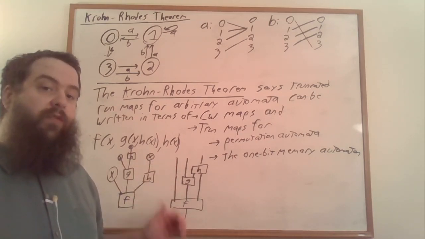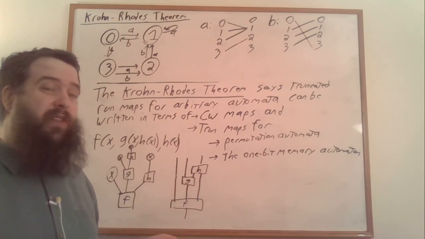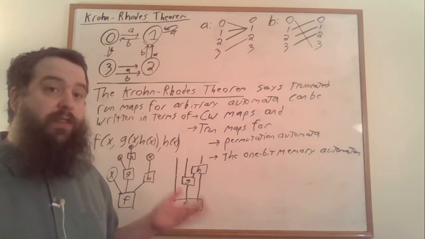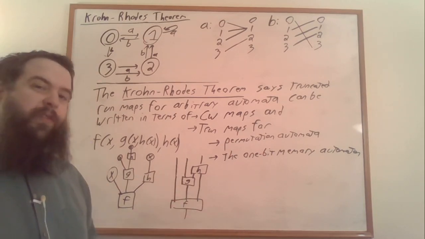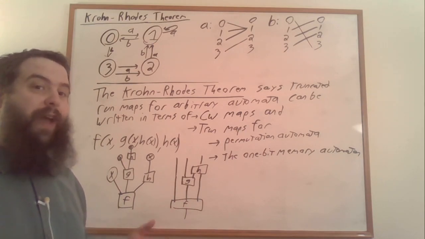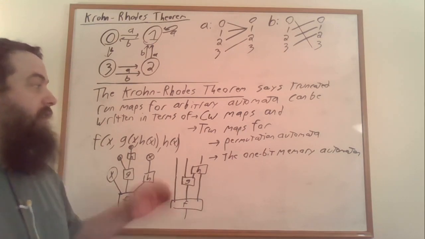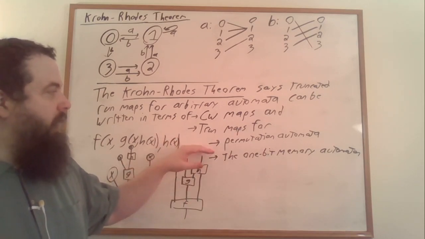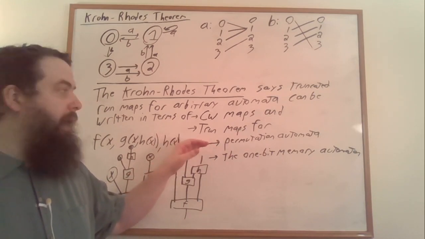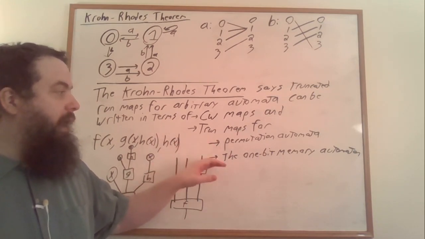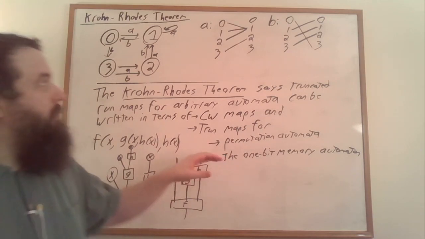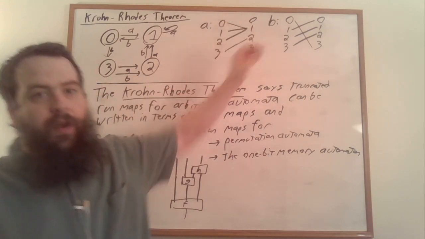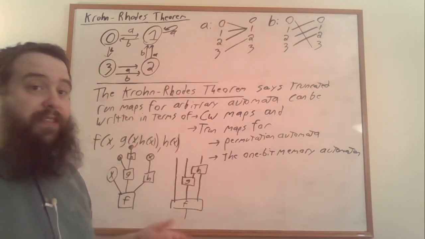This operation of running automata in a cascade corresponds to something called the wreath product, which is related to the semi-direct product of groups. There's a small chance that the Krohn-Rhodes theorem might actually have really practical applications if it happens to be the case that it's really convenient to build circuits to calculate truncated run maps for permutation automata and one-bit memory automata, but somehow automata that have this partial reset behavior wind up being really difficult or expensive to build.